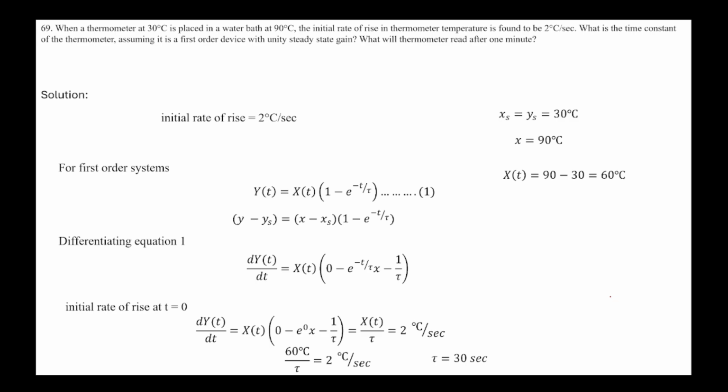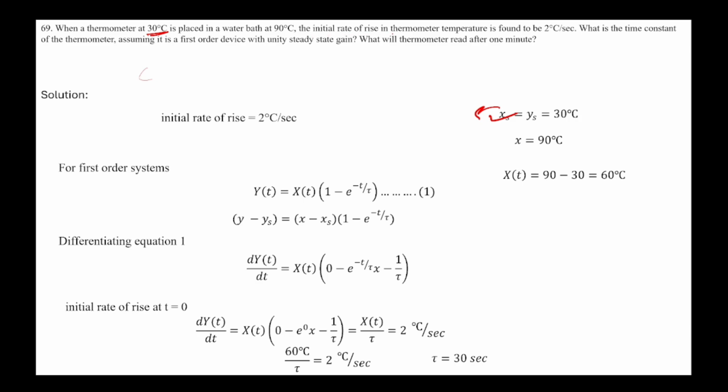This question is important. A thermometer at 30 degrees is placed in a water bath at 90 degrees Celsius. The thermometer initially was at 30 degrees Celsius, so this is the steady state: xs is equal to ys is equal to 30 degrees Celsius, where x is the bath reading, the atmosphere in which the thermometer is placed, and y is the thermometer reading, 90 degrees, that is x at t equal to some time.